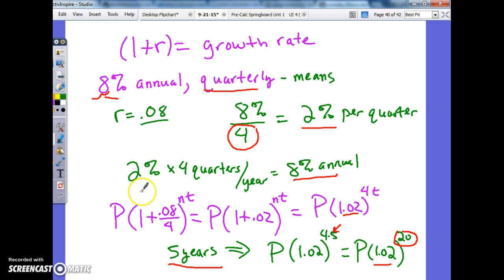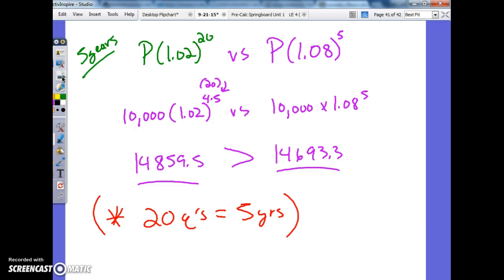So this is interest that is adjusted for a compounding period. It's no longer just simple annual. And we have to raise it to how many times we're going to compound it. So if it's quarterly and it's 10 years, it'd be 4 times a year for 10 years. That'd be 40. Boy, I'm taking longer than I wanted.